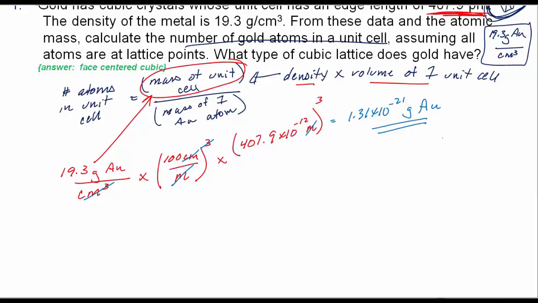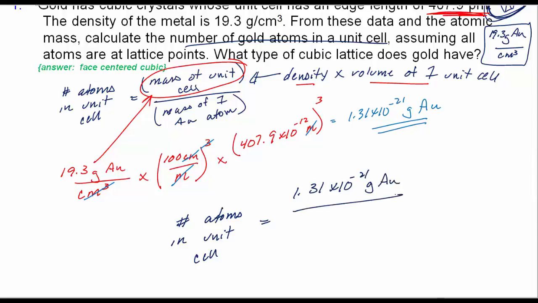Okay, so the number of atoms in our unit cell will be 1.31 times 10 to the negative 21 grams of gold divided by, okay, how do you get the mass of a single atom? Do you remember?